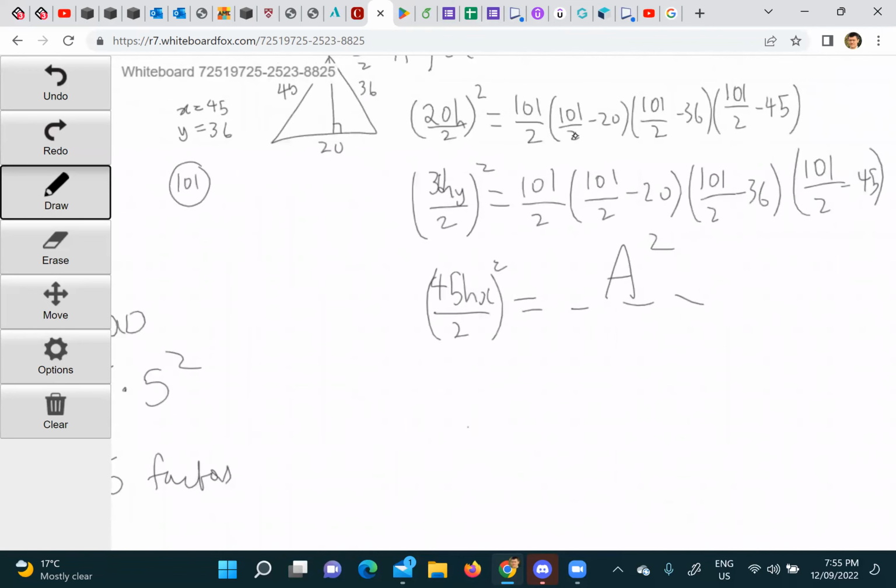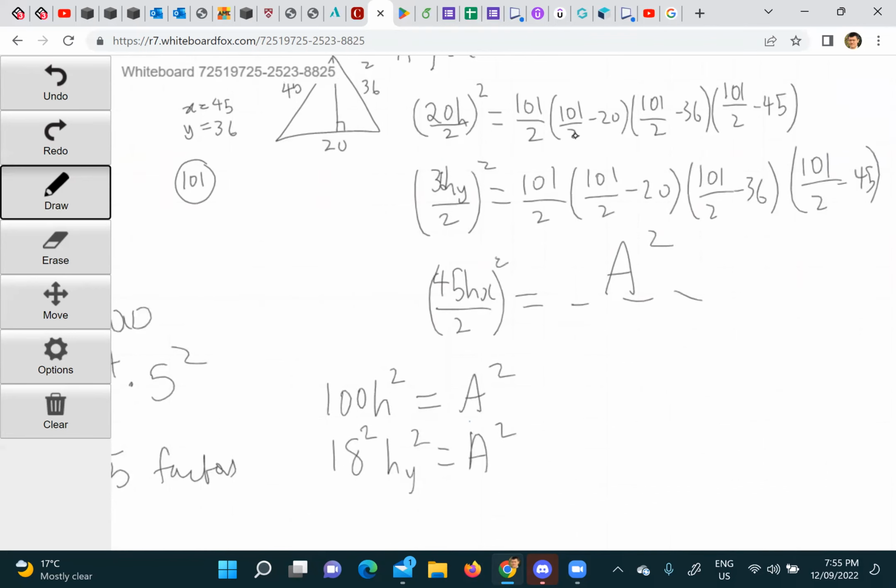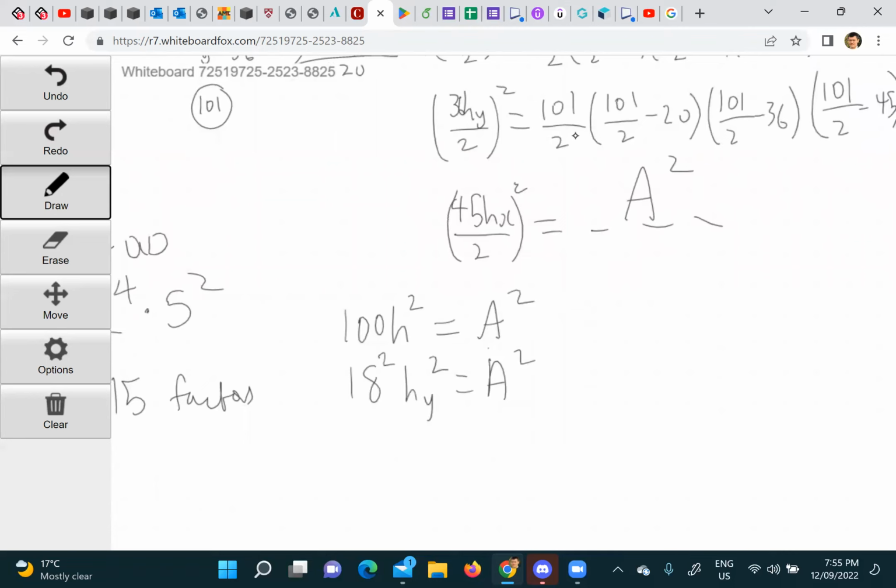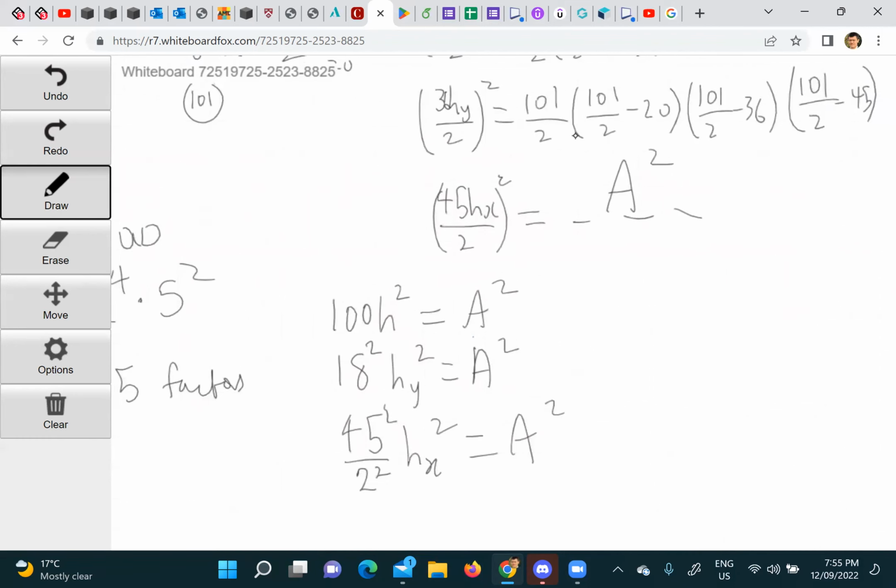So then we have 100h squared equals a squared, yeah? And then we have 18 squared hy squared equals a squared, yeah? And then this is the annoying one, 45 on 2 squared hx squared equals a squared, yeah?